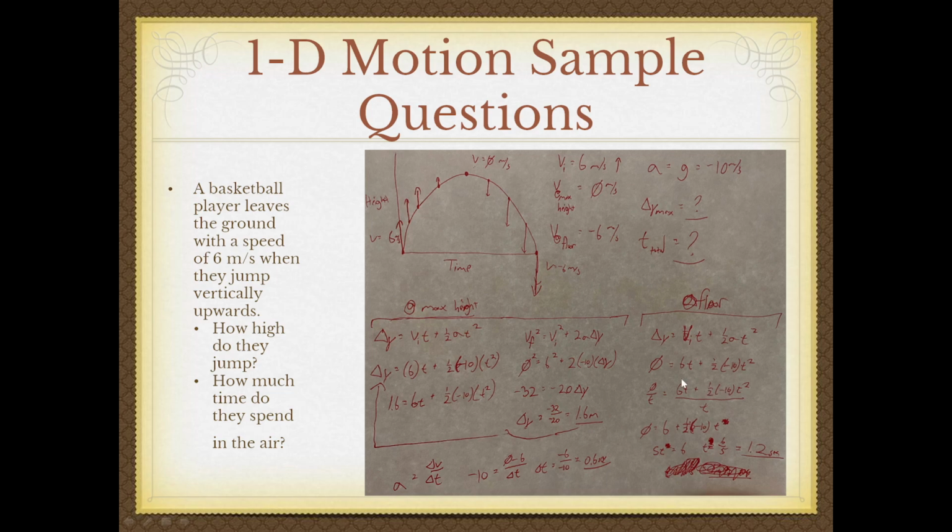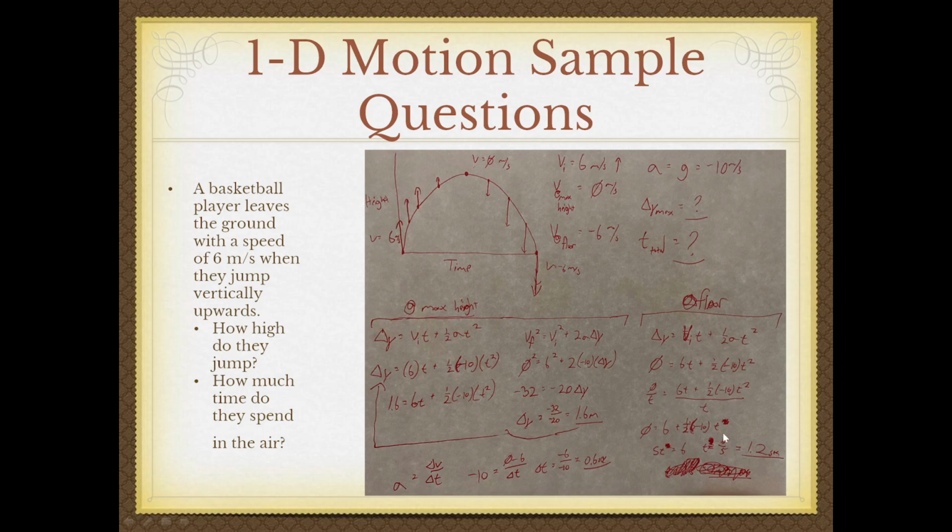And if we divide the right side by t, that's going to cancel exactly one of the t's out from each of these two terms. So 6t divided by t just becomes 6, and 1/2 times -10 times t squared over t just becomes 1/2 times -10 times t. There's no squared anymore.